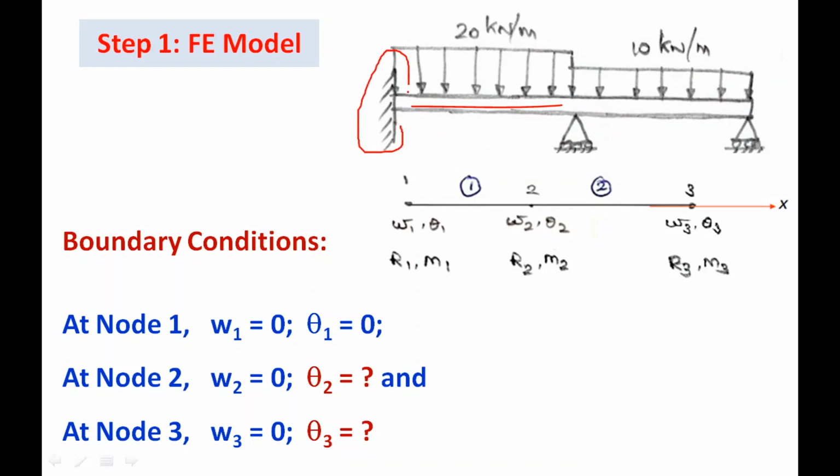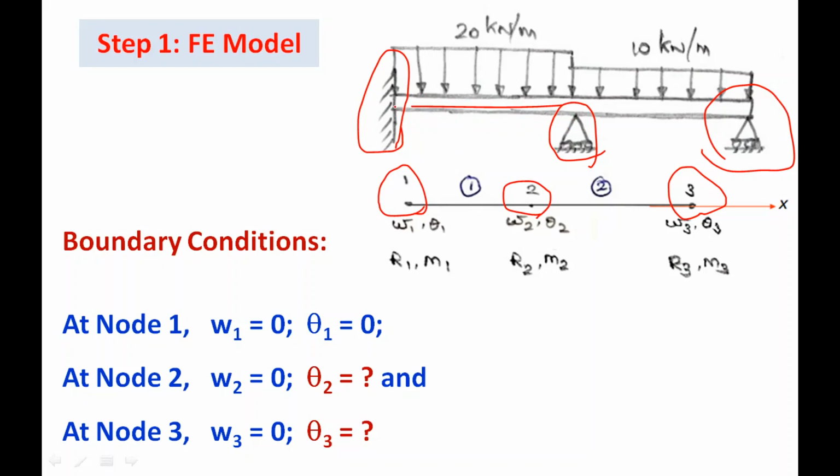Here the left end is a fixed end, so we have to introduce a node for this fixed support. And here we have a roller support. For this roller support we have to introduce a node, so node 2 and node 3. At a load acting point, we have to introduce a node. But for this beam, for the first part, a uniformly distributed load is acting, so no change in load intensity.